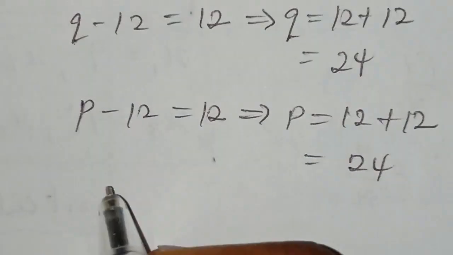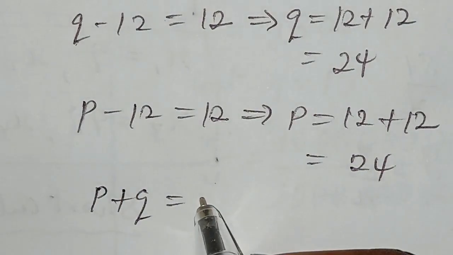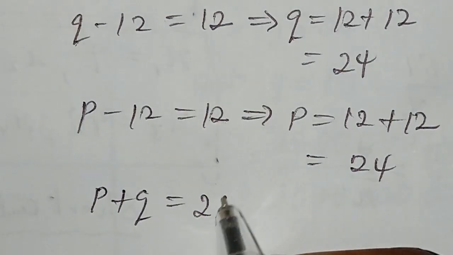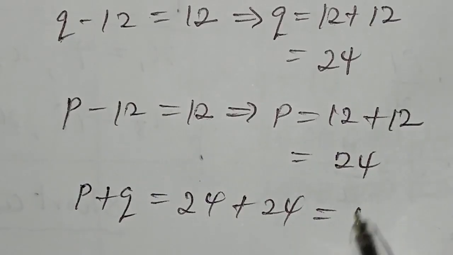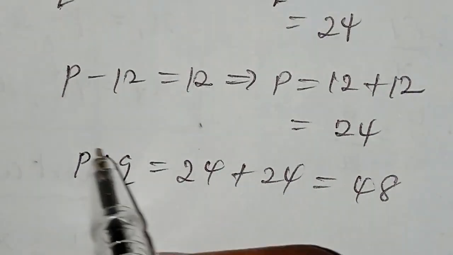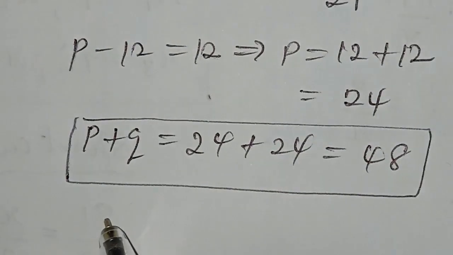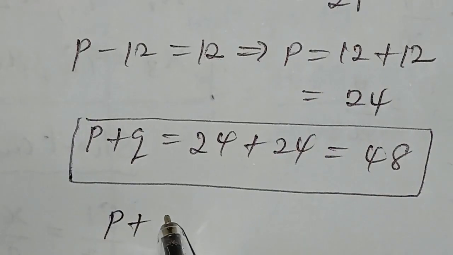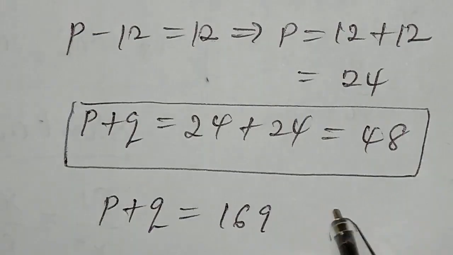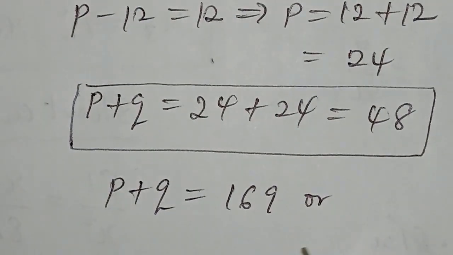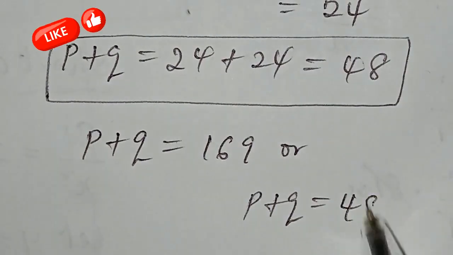So for case 3, we have P plus Q given as 24 plus 24, which is equal to 48. So our overall value of P plus Q is 169, or P plus Q is equal to 48.